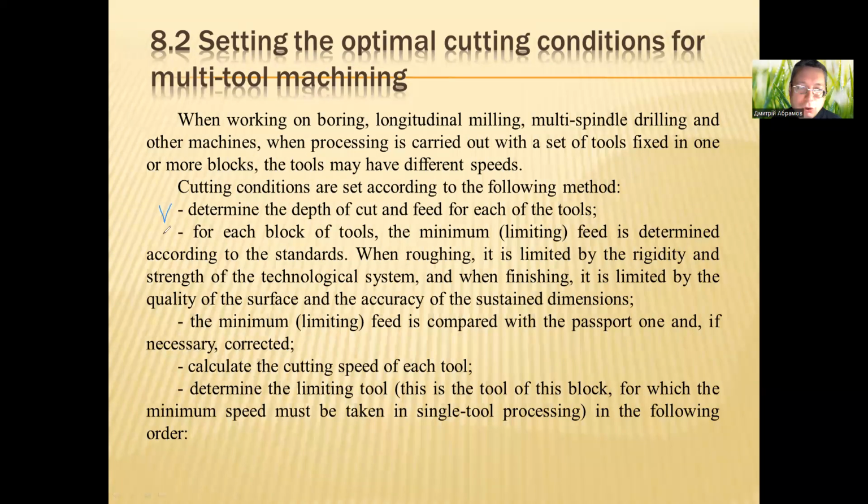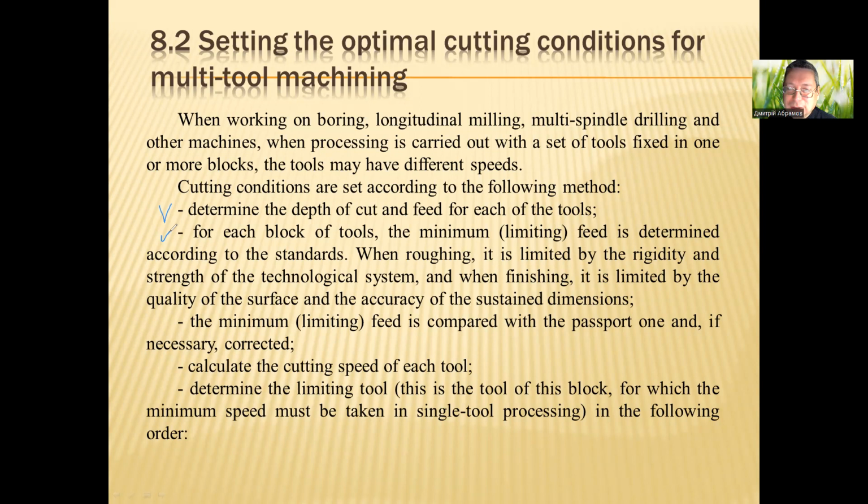For each block of tools, the minimum limiting feed is determined according to the standards. When roughing, it is limited by the rigidity and strength of the technological system.